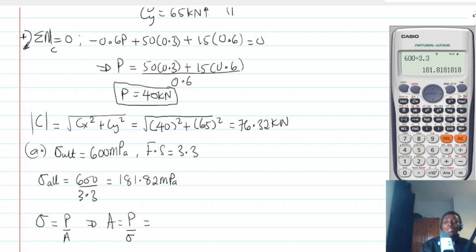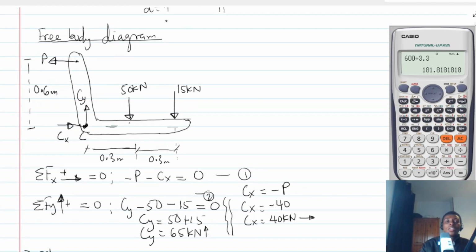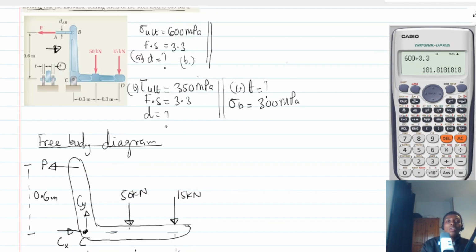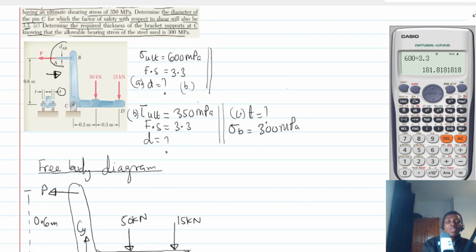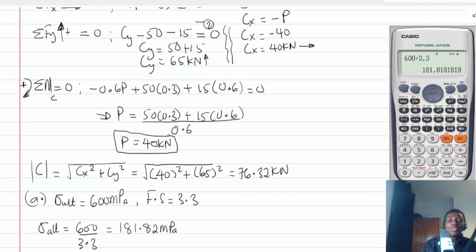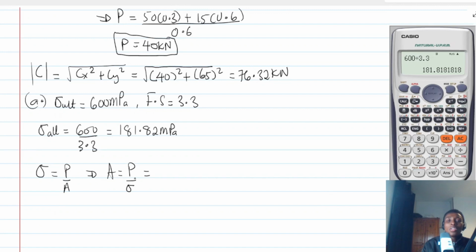Now, what is the load we are talking about here? Don't forget that the load at P is going to act on the rod AB, which is the control rod. So the normal stress here will affect that diameter, and that is the diameter you need to use in the calculation.